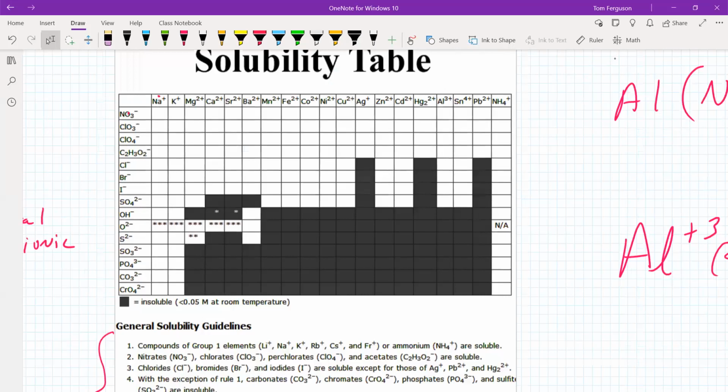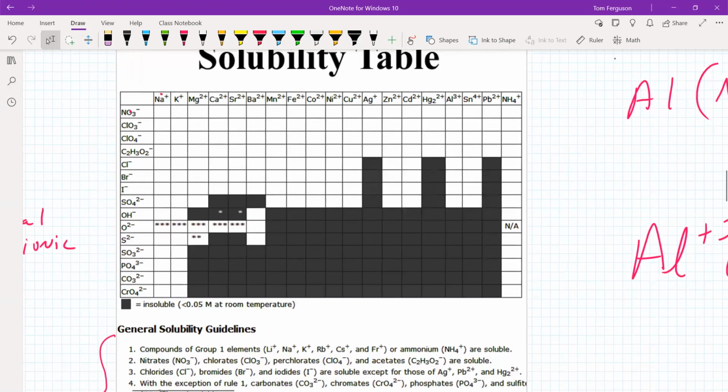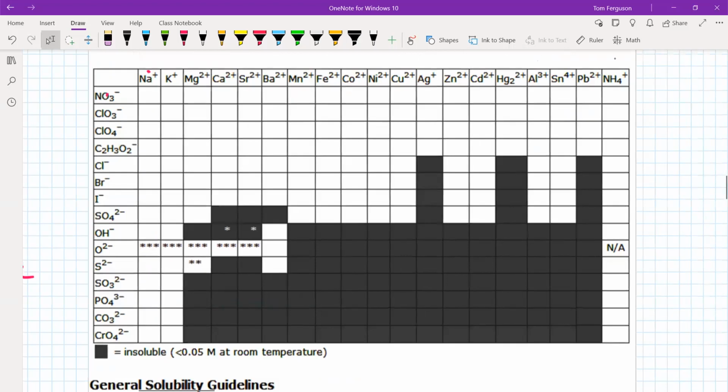So how do you use it? 2 fingers. That's how you use it. Okay. These are cations on the top, anions on the left. And where they come together is either going to be black or white. So say we have sodium nitrate is our new combination.